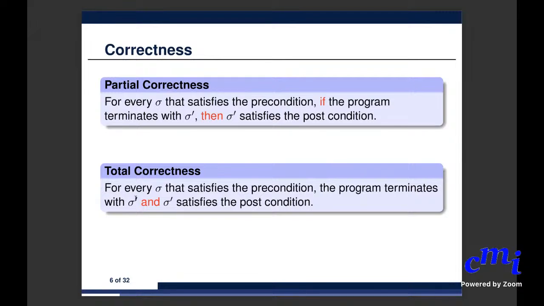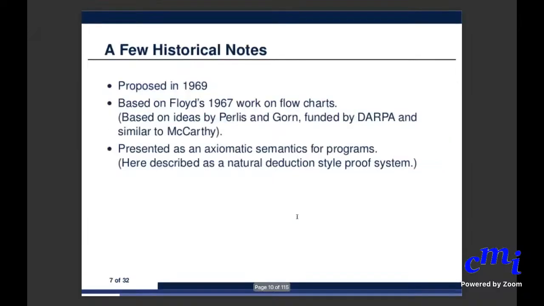Total correctness is defined as follows: for every sigma that satisfies the precondition, the program must terminate, and the valuation sigma prime that you get when it terminates satisfies the post condition.